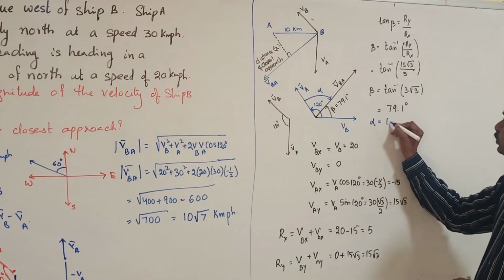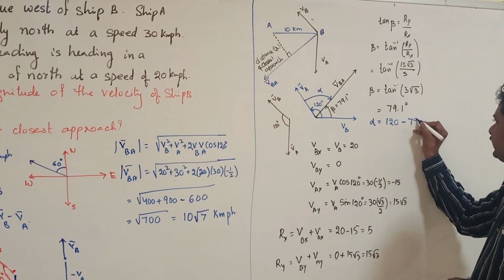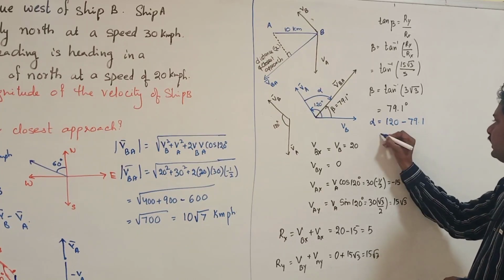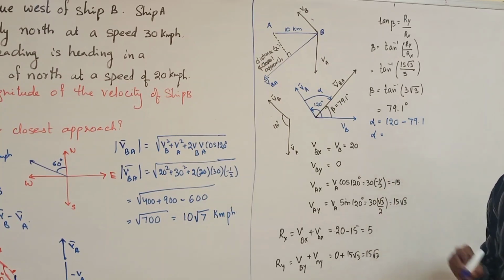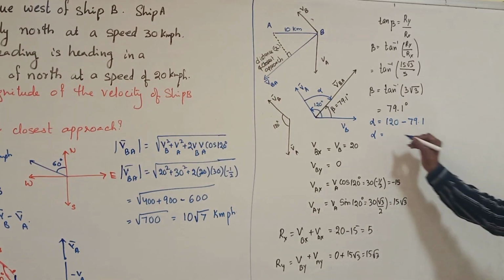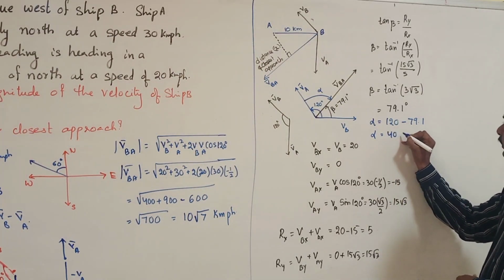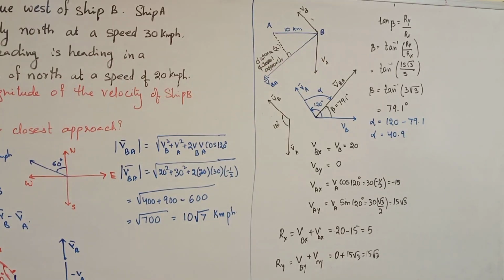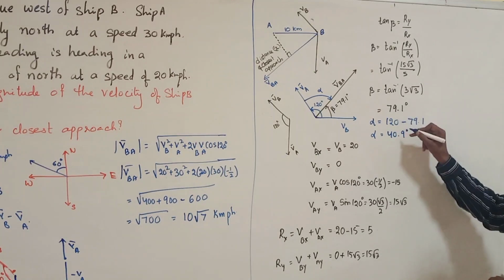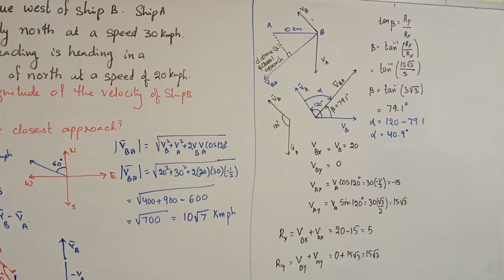Alpha is equal to 120 minus 79.1. Then alpha is approximately 40.9 degrees. You add it, it will total 120, right?